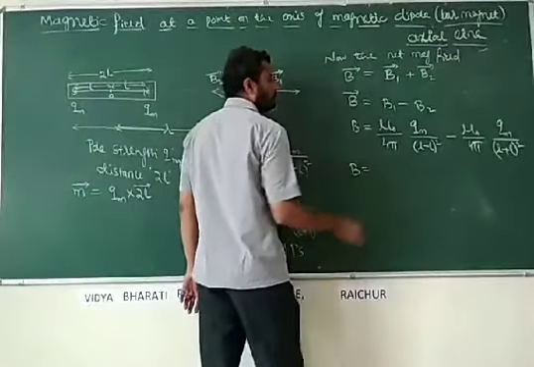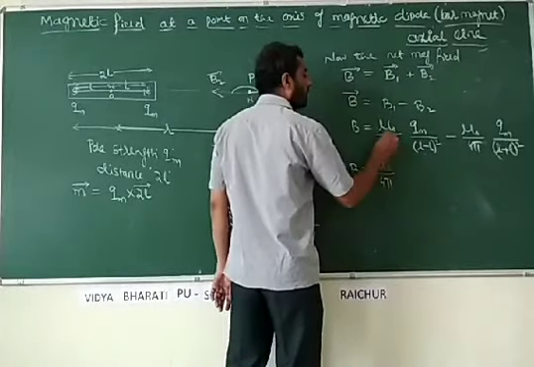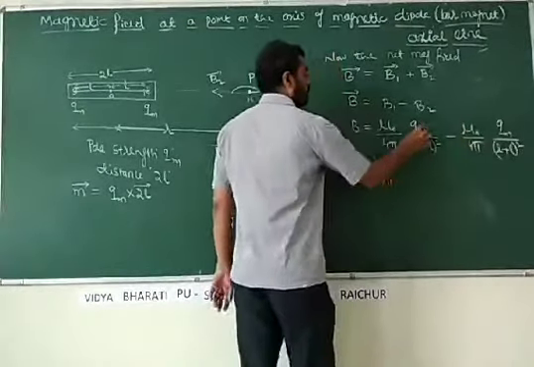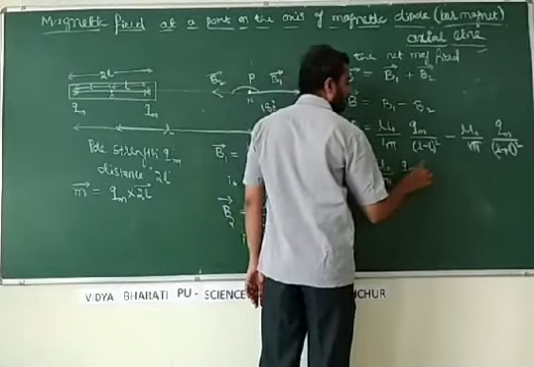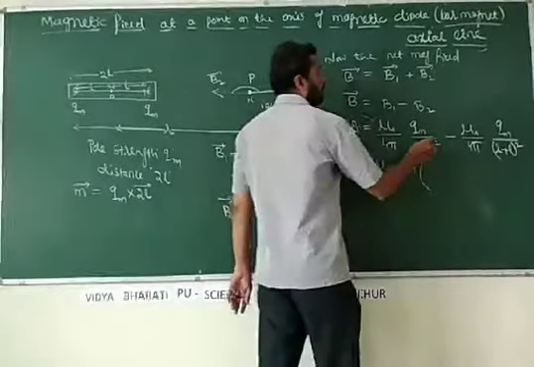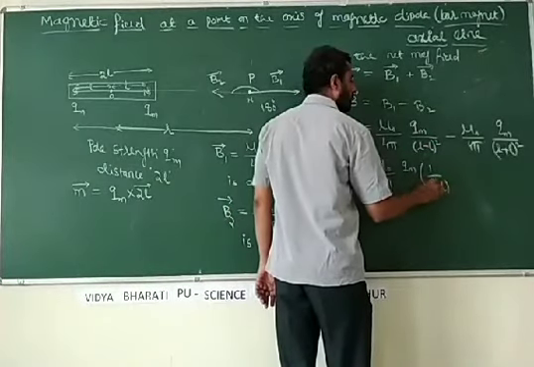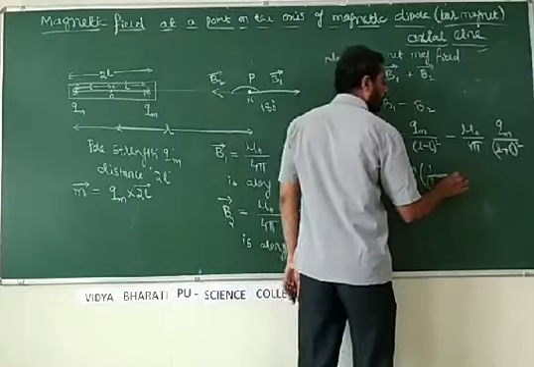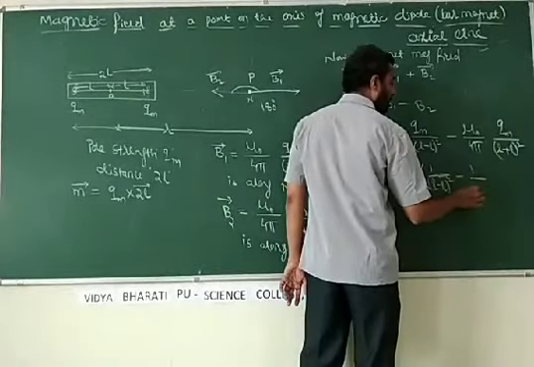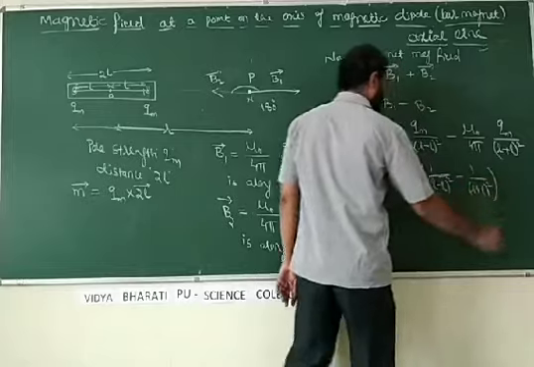On solving, it can be written: mu naught by 4 pi is common, qm is also common, one by (r minus l) whole square minus 1 by (r plus l) whole square.